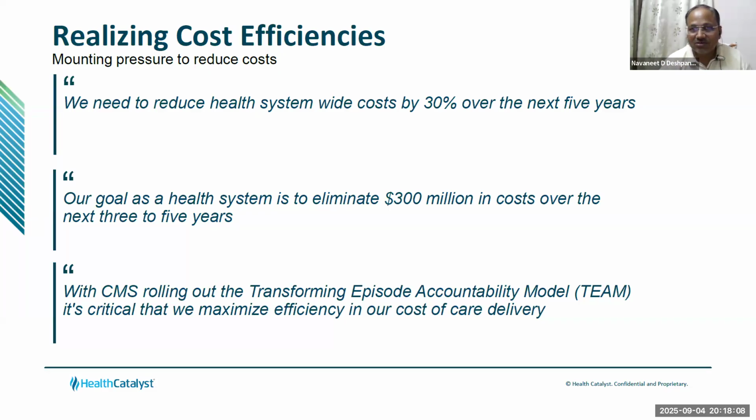So just deciding this is not enough, it should be realistic also. With CMS rolling out the transformation episode accountability model, they came up with: it is critical that we maximize our efficiency and our cost of care. So the cost is becoming more and more, you can say, the Centers for Medicaid Services, just like the foundation to reach all the people throughout, including rural masses.